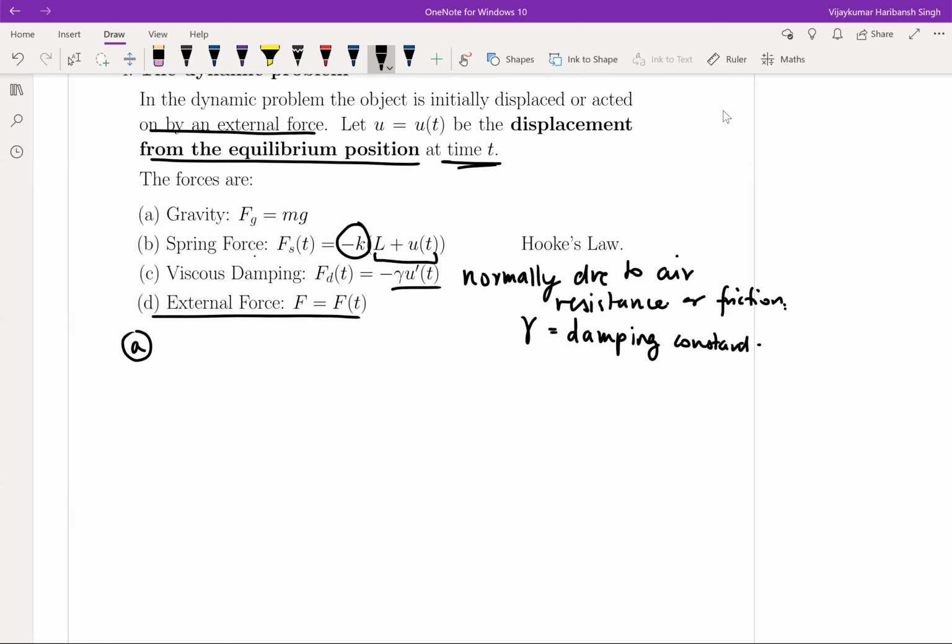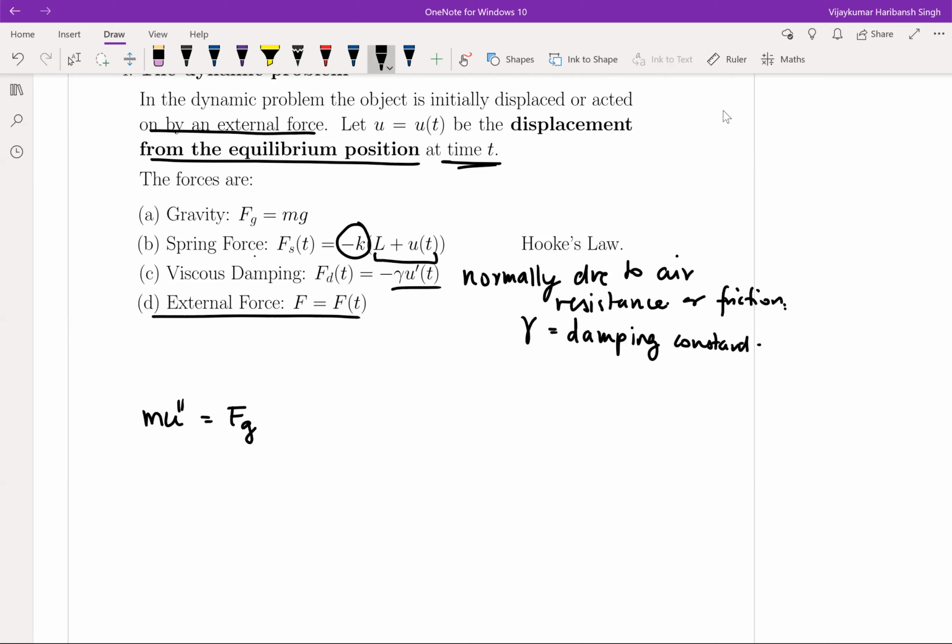Now the combination of all these forces leads to a motion. So m u double prime is equal to, because mass into acceleration, that is Newton's law, right?